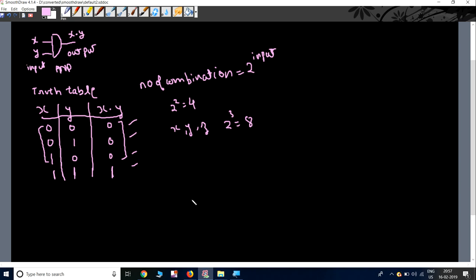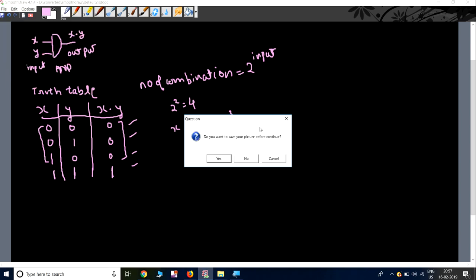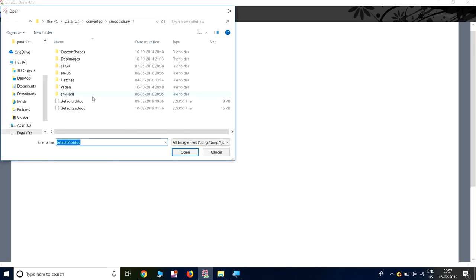So let me just open a new slide for you guys. So let's again talk about this. This is how the OR gate looks like. So this is the input x, y, and the output would be x plus y.